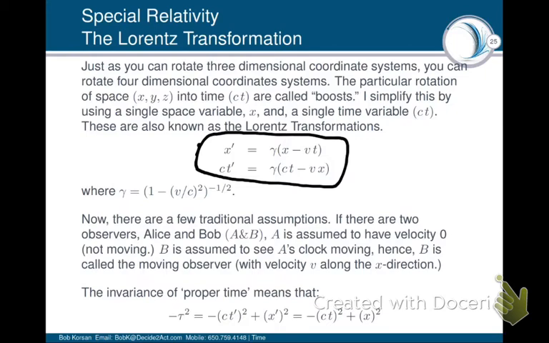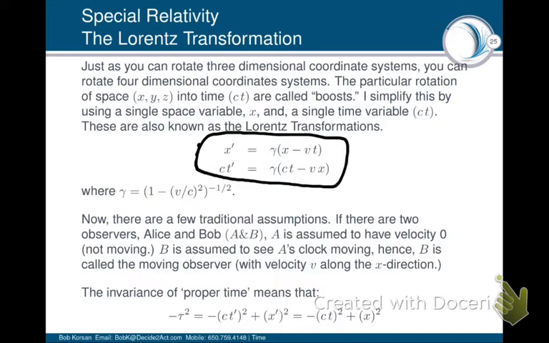Bob's x prime, or Alice's x prime, doesn't matter which one, is equal to gamma, the same 1 over the square root of 1 minus beta squared. And so you have x minus vt, and you have ct prime.